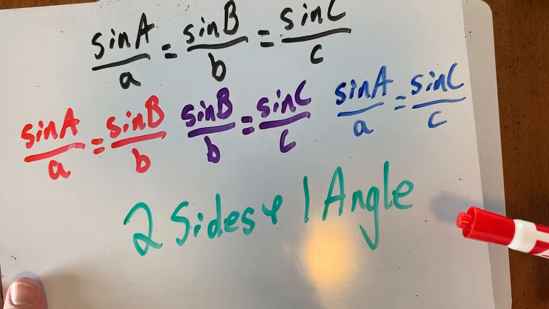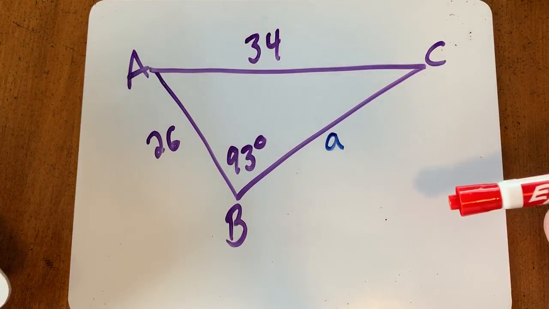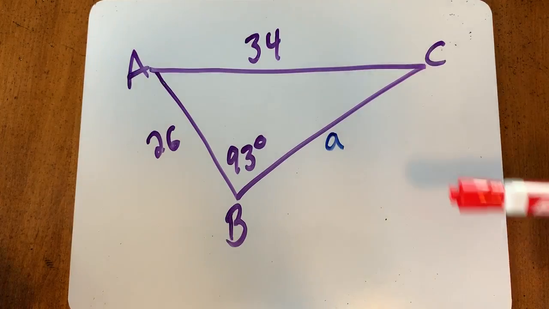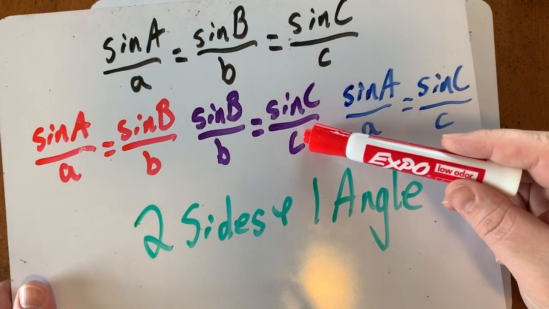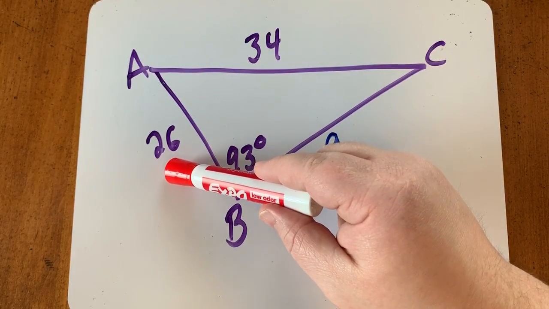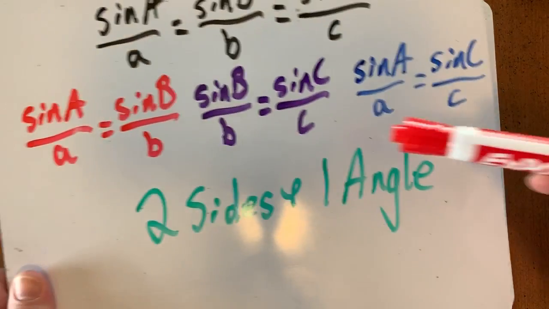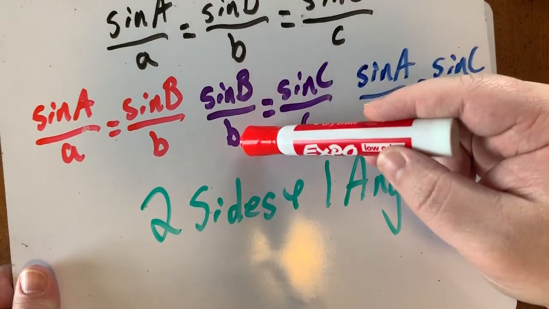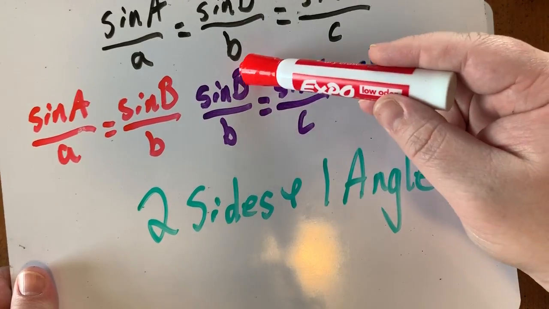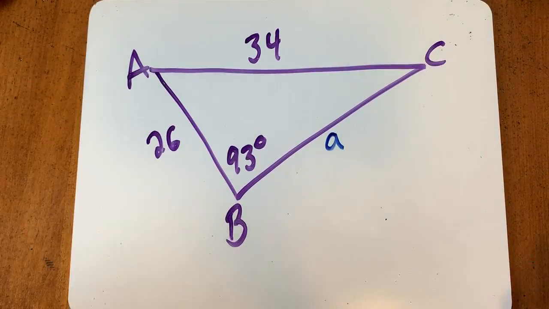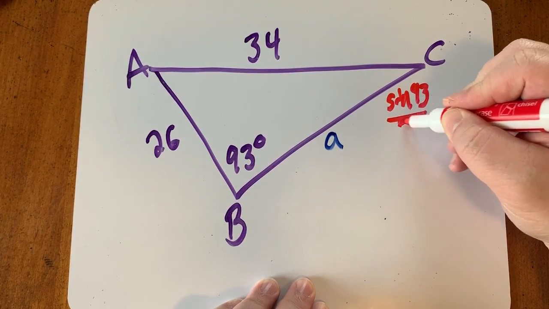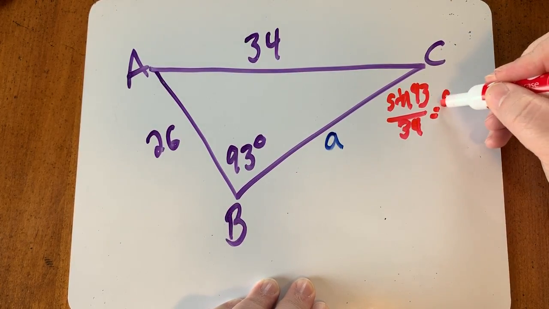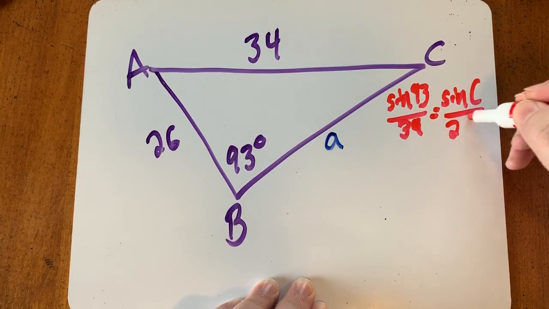So that means we're going to need to find angle C first. Because if we find angle C, we already know side C. Side C is 26. The 26 is opposite angle C. And then we know side B and angle B. So we can use this: sine of B over B equals sine of C over C. So, sine of 93 over 34 equals sine of C over 26.